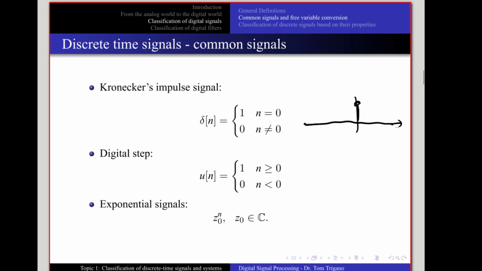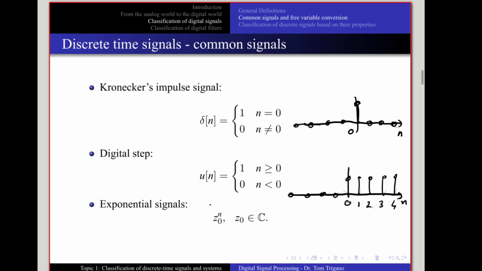It is equal to 1 for n equals 0 and 0 anywhere else. The digital step is defined as 1 for every non-negative n, and 0 for all negative n.